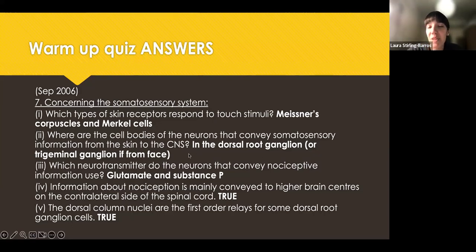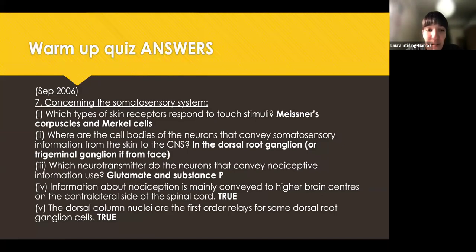And this is a bit of new information that we didn't cover: for the face, it's the trigeminal ganglion instead. So it's the dorsal root ganglion for the body, and for the face it's the trigeminal ganglion. And third, which neurotransmitters do neurons that convey nociceptive information use? As we said earlier, glutamate and substance P.